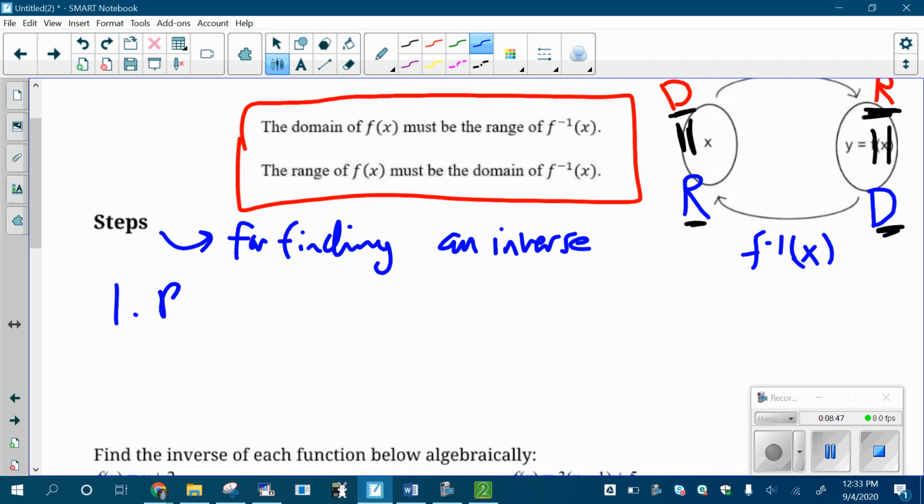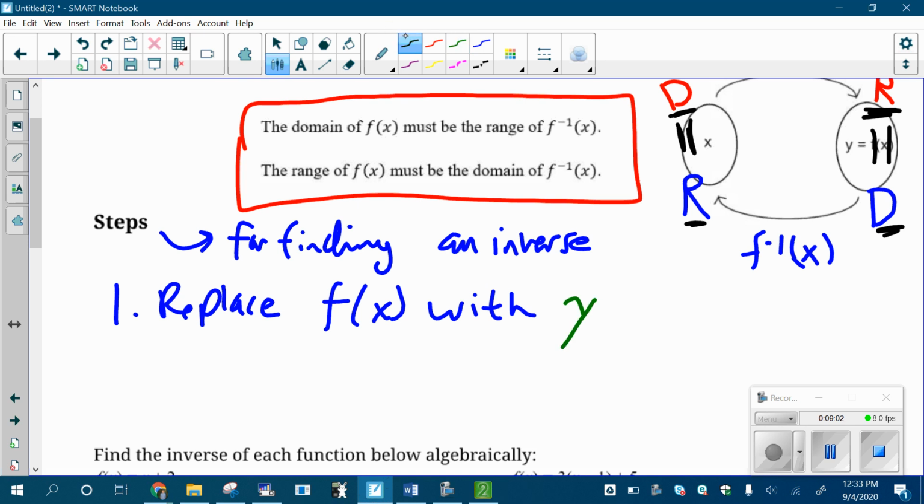Step 1, replace f of x with, what do you think I'm going to say here? What's f of x the same as? Well, f of x is fancy function notation, but it's the same as just your output. It's the same as your y. So first step is, if it's written with this fancy function notation, replace the f of x with y.